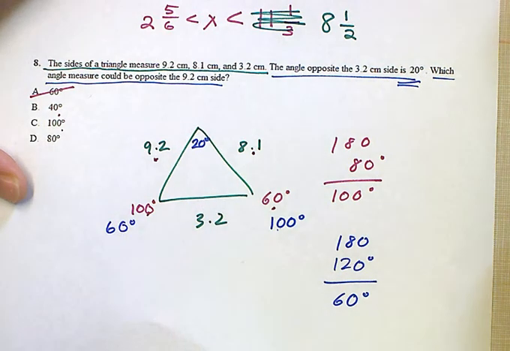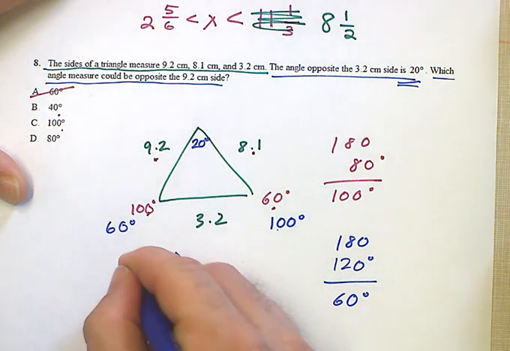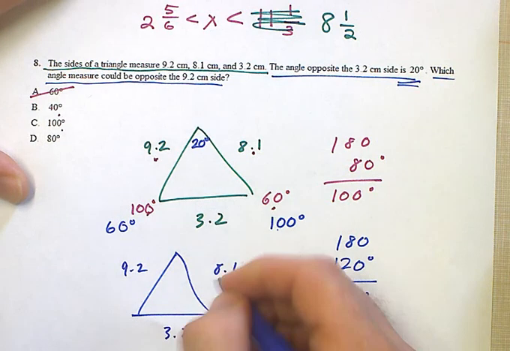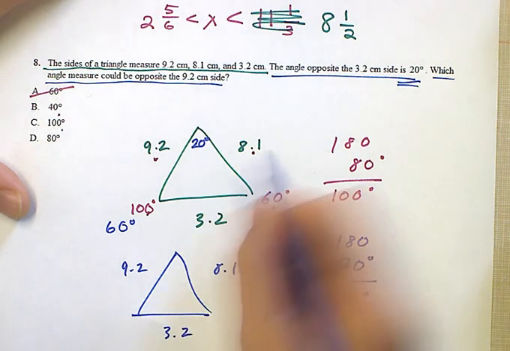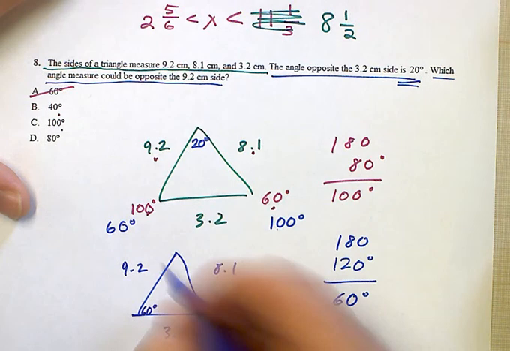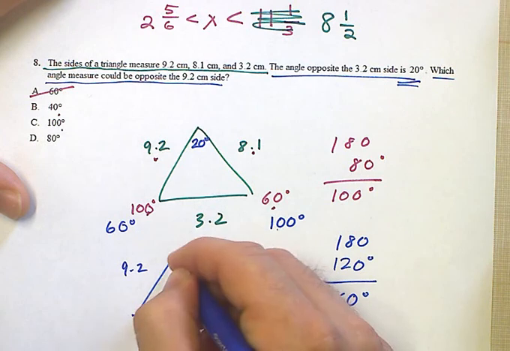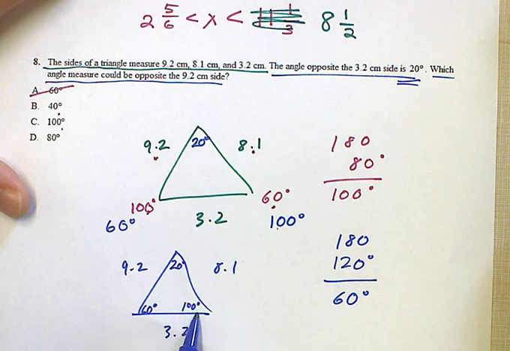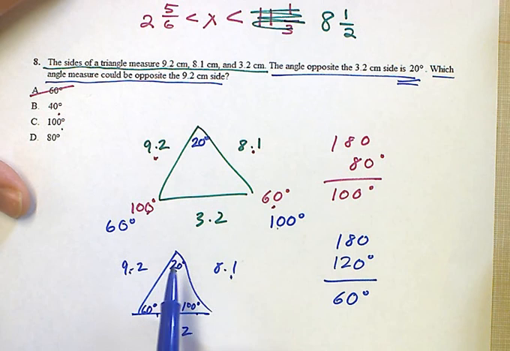And if I want to just look at that triangle redrawn and say, okay, opposite 80 is 60 degrees, opposite 90 is 100, and opposite the 3.2 is 20. Everything works out. Largest angle, largest side, medium angle, medium side, and then smallest side, smallest angle.